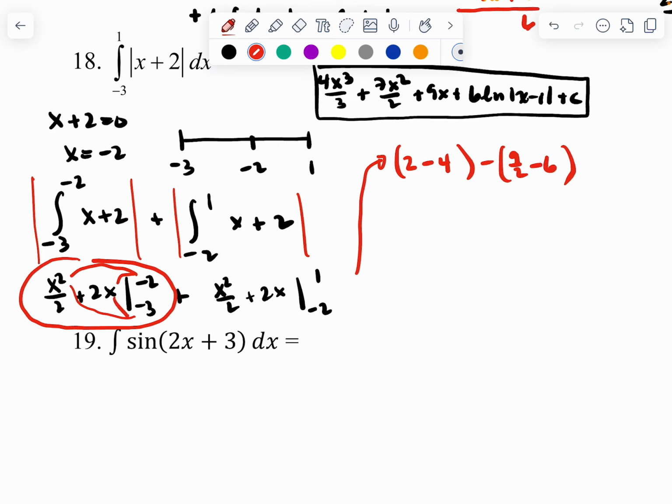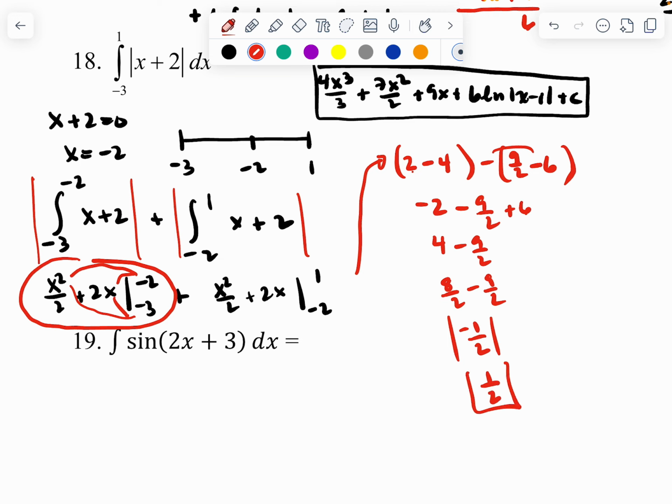Okay, now let's figure out what this is. 2 minus 4 is -2 minus, and then 9 over 2, I'm going to distribute that and go plus 6. And then -2 plus 6, that's 4 minus 9 over 2. So this is really 8 over 2 minus 9 over 2, which is -1 over 2. But I have to take its absolute value, so the red part is really just 1/2.